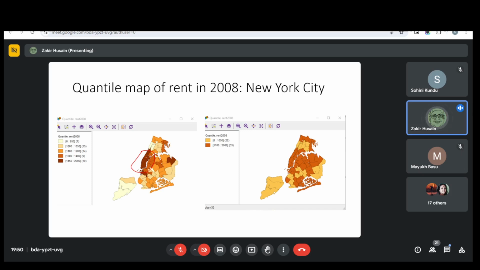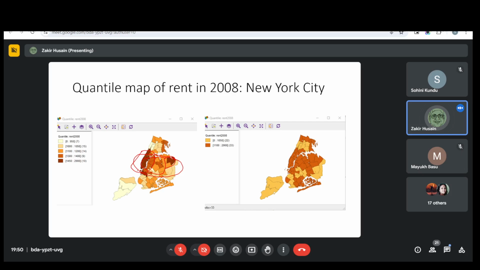This has the highest level of rent, posh area. But overall, this area also, sorry, I should have made it broader, these areas also have a very high population, high rental value. So overall, the rental values are high in this region.